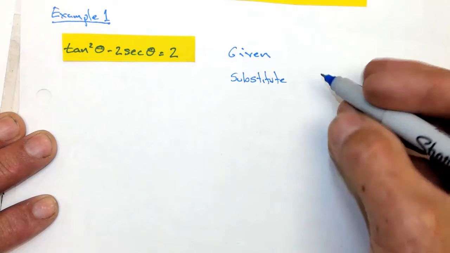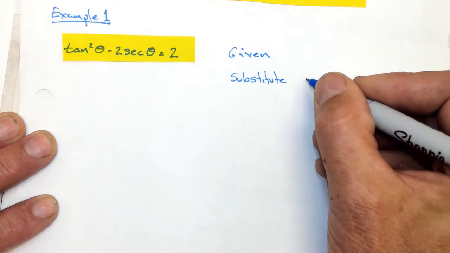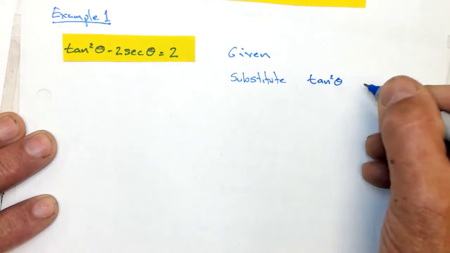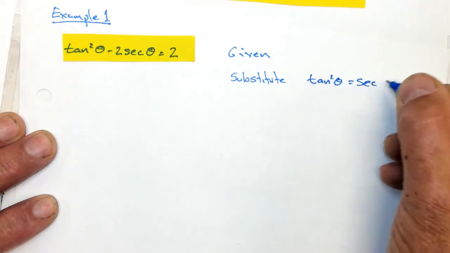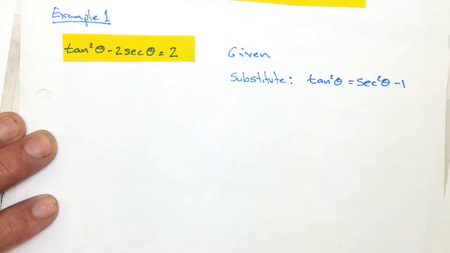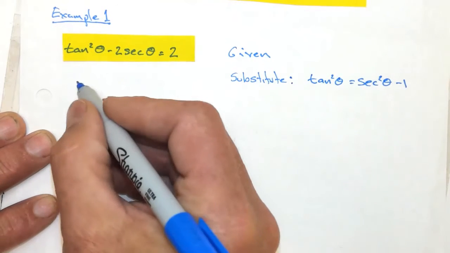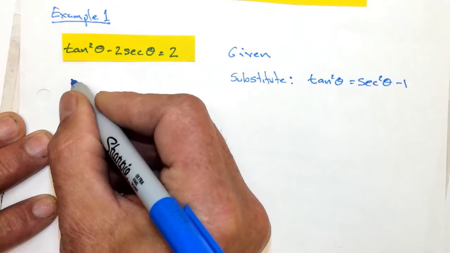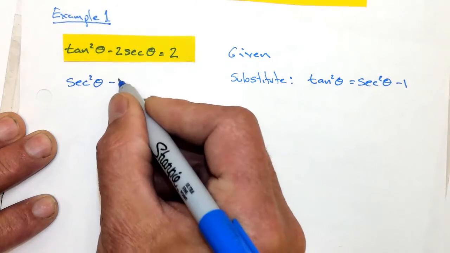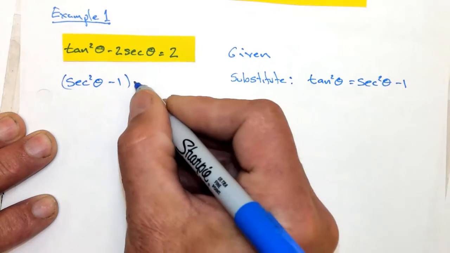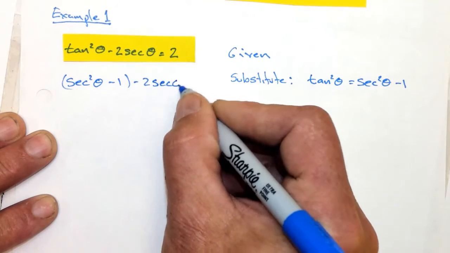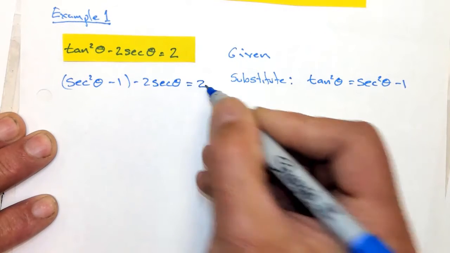So if I rearrange that formula up there, I get tangent squared theta equals secant squared theta minus 1. I'm going to use that to substitute in here: secant squared theta minus 1 minus 2 secant theta equals 2.